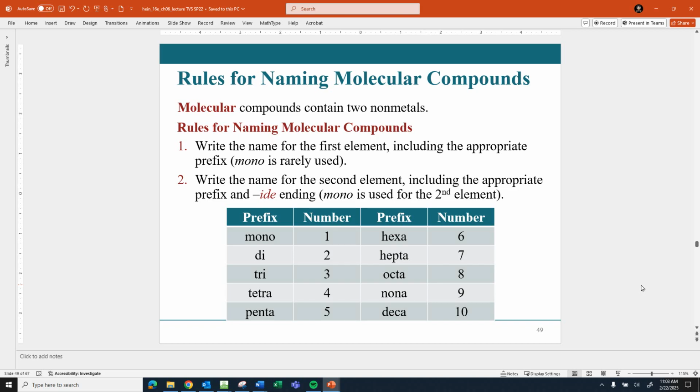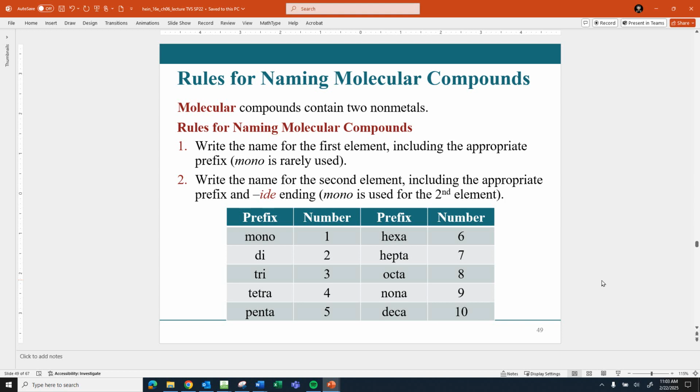Now, rules for naming molecular compounds. This is totally different from ionic. You do need to know these prefixes, right? I'm not sure if those are on the ion chart. All right, so think of mathematics. Triangle, tri is 3. Pentagon, penta is 5. Hexagon, hexa is 6. Octagon, octa is 8.